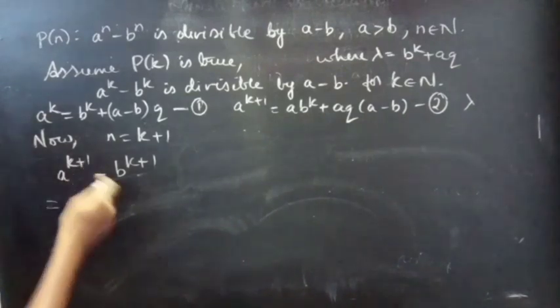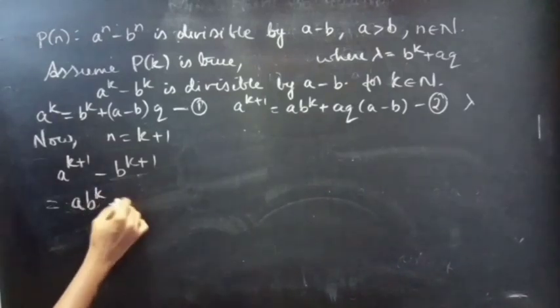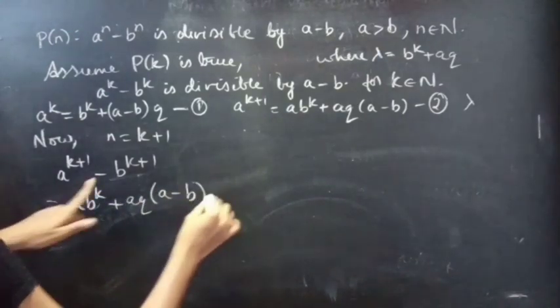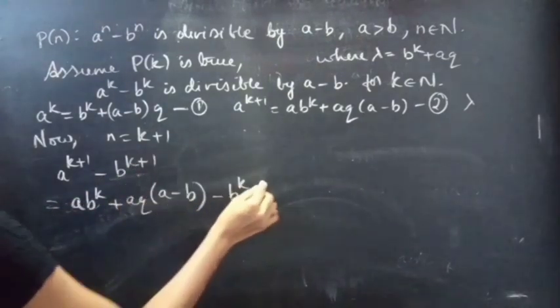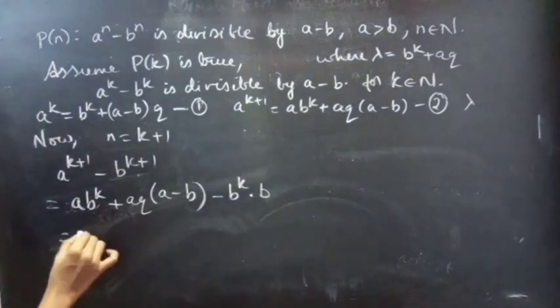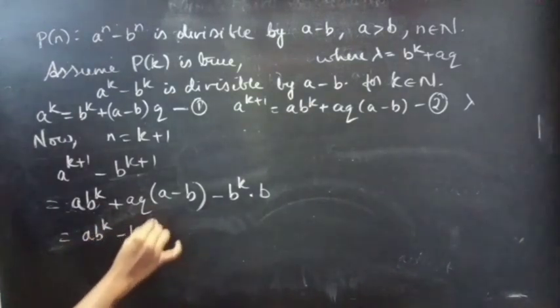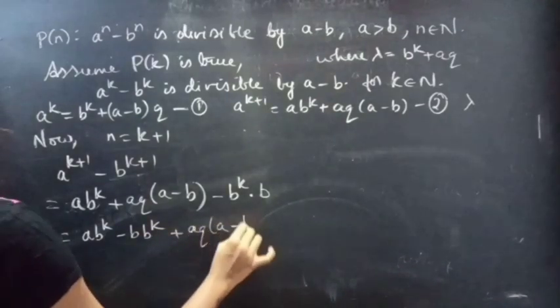Replace a power k plus 1 by equation 2, then you'll get a into b power k plus aq into a minus b power k. b power k plus 1 can be written as b power k into b. Now write the terms involving b power k, right, plus the remaining term.